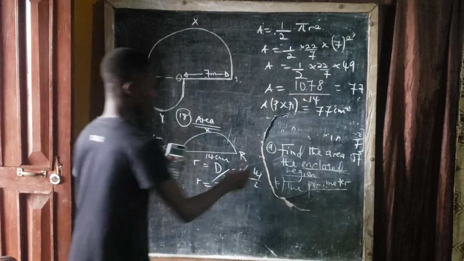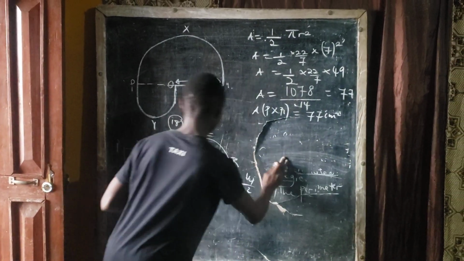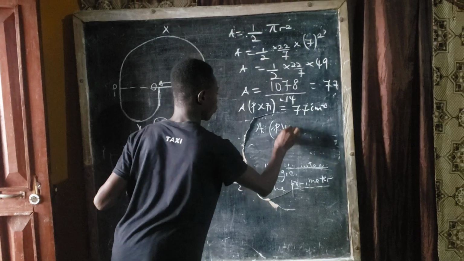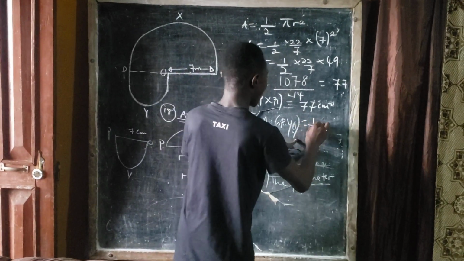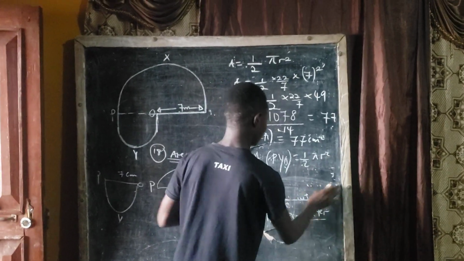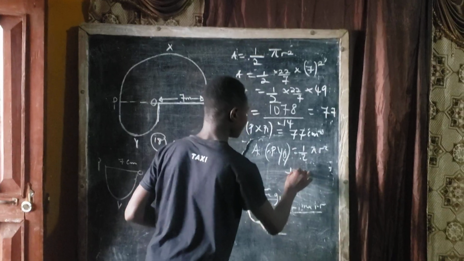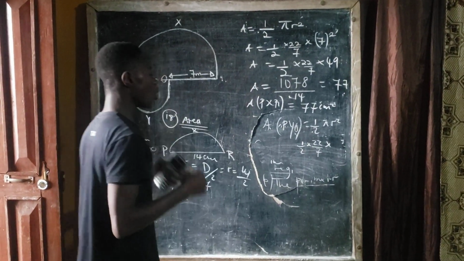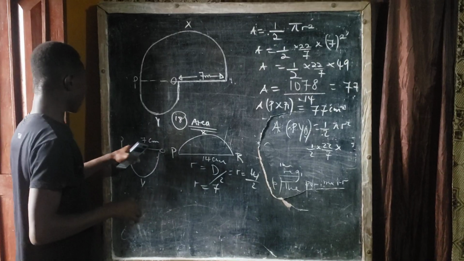We'll move on to the area of this other semicircle, PYO. Area is equal to half pi r squared. We are given pi as 22 upon 7, multiplied by r, which is the radius.